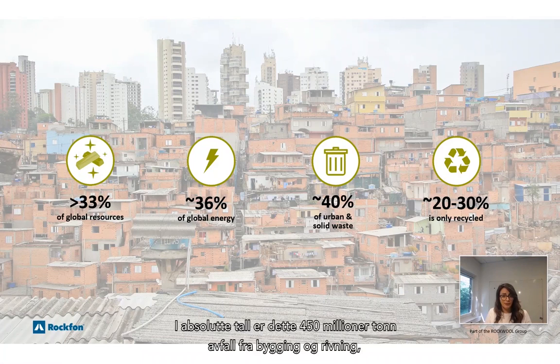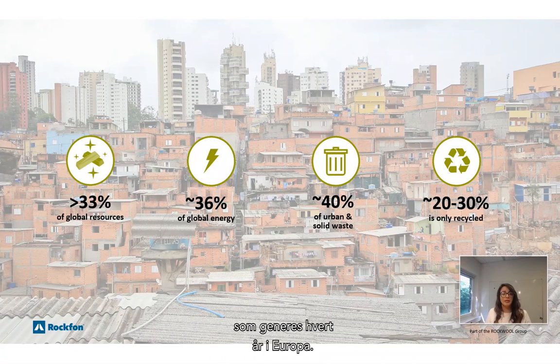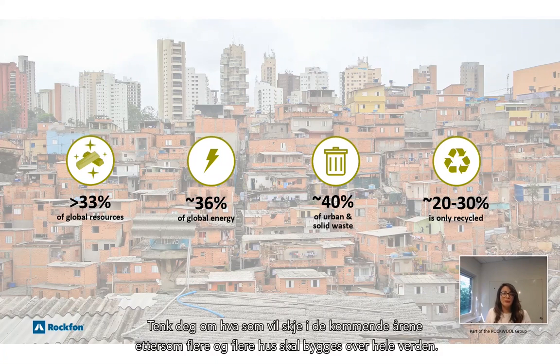In absolute numbers, this is 450 million tons of construction and demolition waste generated every year in Europe only. Quite striking, right? Well, imagine what will happen in the coming years as more and more houses will be built worldwide.